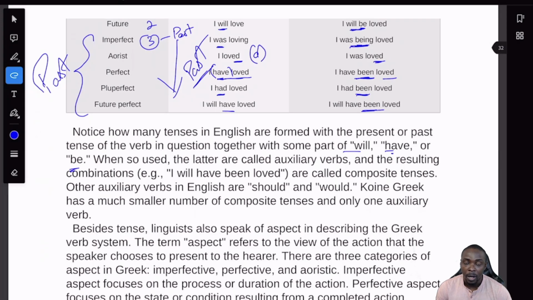Other auxiliary verbs in English are should, would, could. Those are auxiliary or modal verbs, right? So Koine Greek has a much smaller number of composite tenses and only one auxiliary verb.